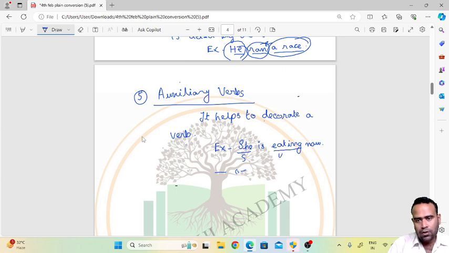Eating is the main verb here. And is is the auxiliary verb here. If we didn't use the auxiliary here, what would be the meaning of the sentence? She eating rice. It does not sound good, right? That is the necessity of auxiliary verbs, because we use auxiliary verbs to decorate the verb and thus make the sentence sound better.